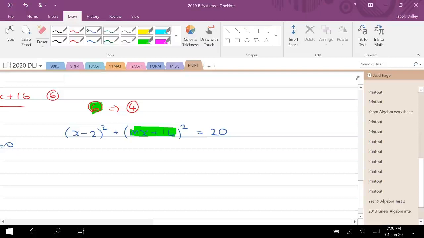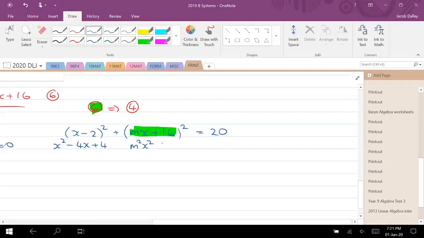Now we just want to work it through, pair up our like terms. So we'll expand these brackets. So remember from before, this one expanded to x squared minus 4x plus 4. And this following one, we're going to get mx squared will be m squared x squared.